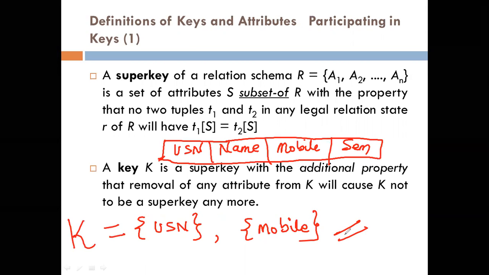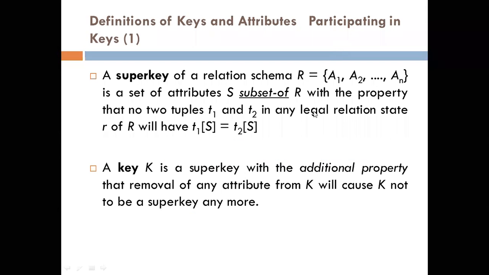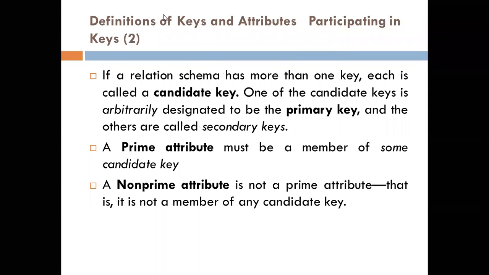Once we identify a key, then we will identify the candidate keys. So the next definition: if a relational schema has more than one key, then each key is called a candidate key. In our previous case, did we have more than one key? Yes, we had two keys.